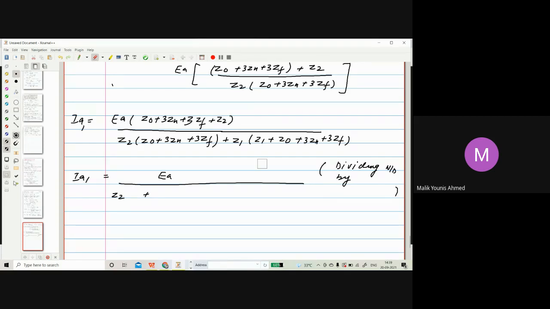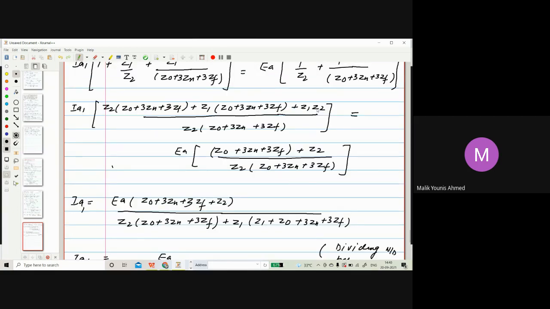I want to get it in terms of this. So we will be dividing by Z2, Z0. Why are we getting Z1 here?